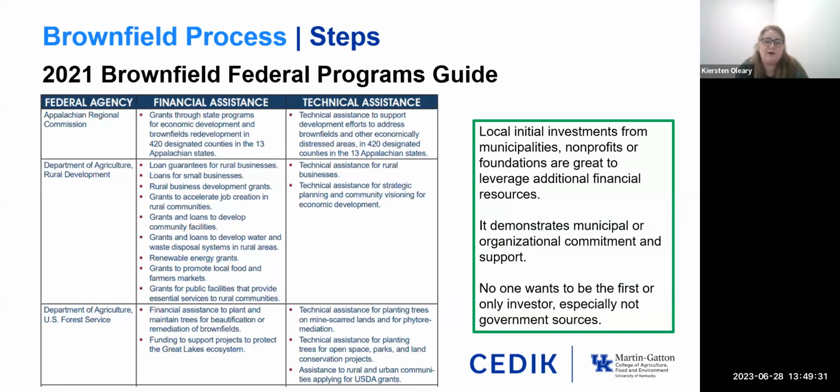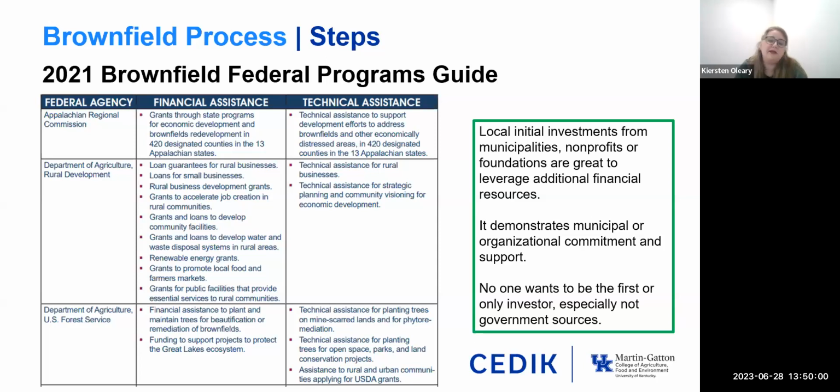So EPA publishes this document, the Brownfield Federal Programs Guide, biannually, and it just gives you some insight onto where resources are for other portions of your redevelopment project. You can see on the left column what federal agency it is, and then what they might be able to provide at what stage in the process that you're in.